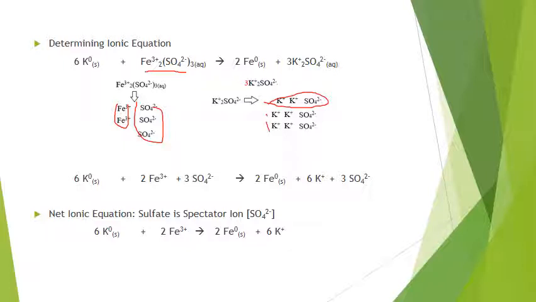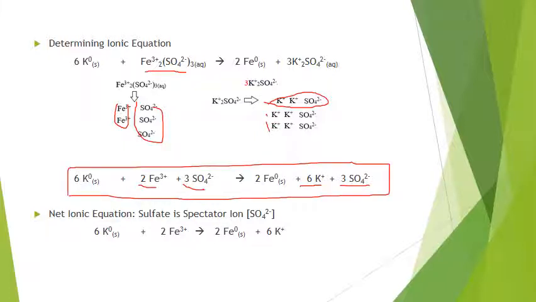So there's 1, 2, 3, 4, 5, 6 potassiums, 3 sulfates, 3 sulfates over here and 2 irons. So this is the ionic equation. If you don't get it, go over it a few times and see how it works.